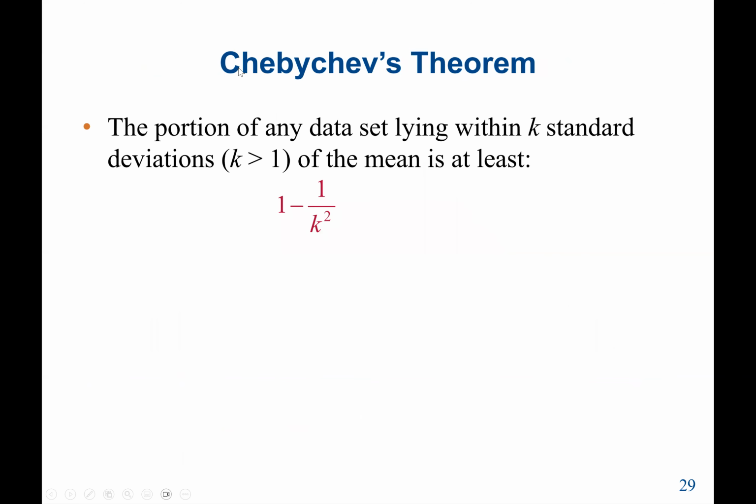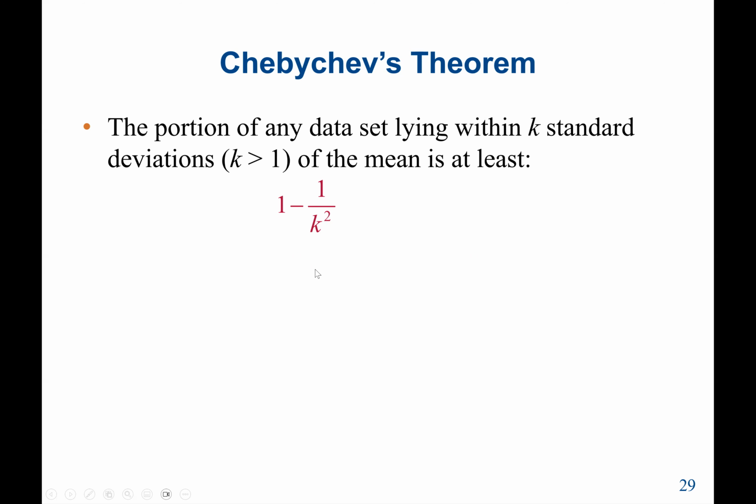Next, we're going to cover Chebyshev's theorem. What this theorem says is that the proportion of any data set lying within K standard deviations of the mean, where K is greater than 1, is at least 1 minus 1 over K squared.